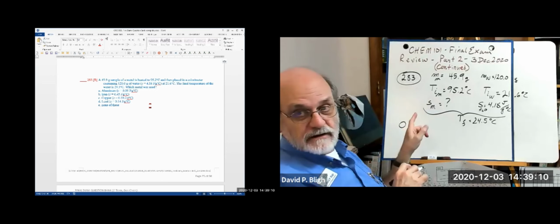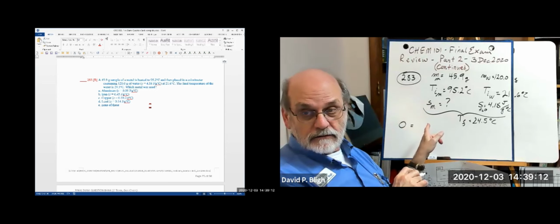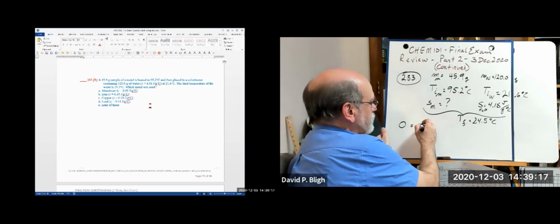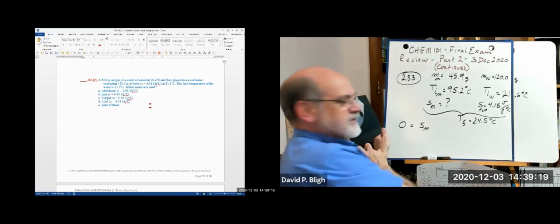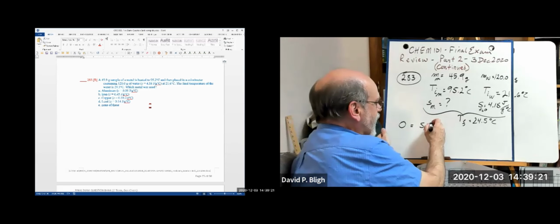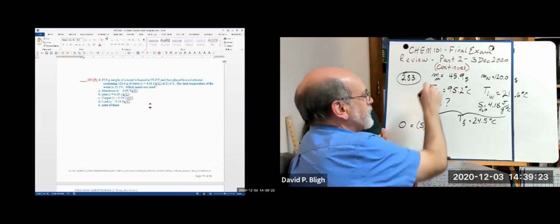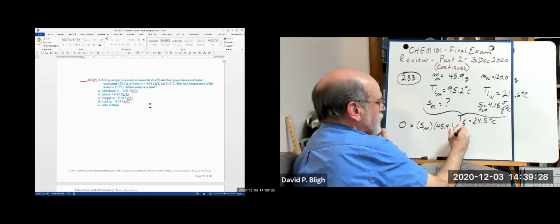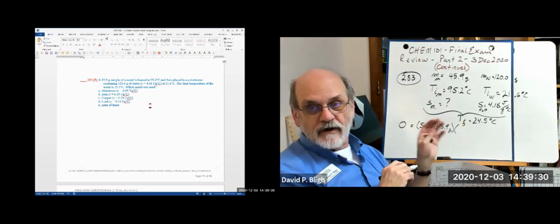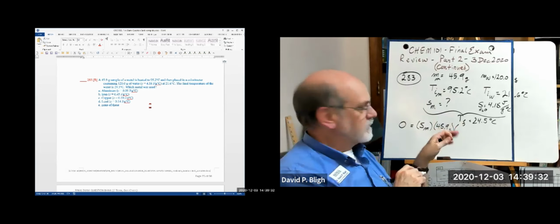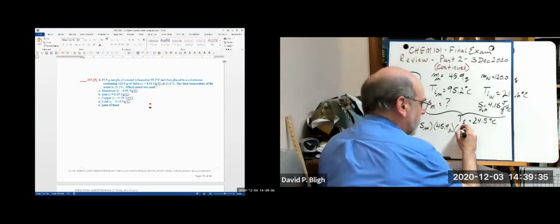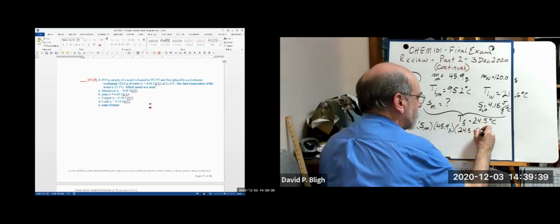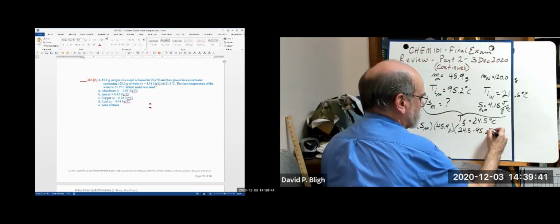The heat of the metal, which is equal to the specific heat of the metal times the mass of the metal times the change in temperature, final minus initial. So final is 24.5 minus initial is 95.2 degrees C.